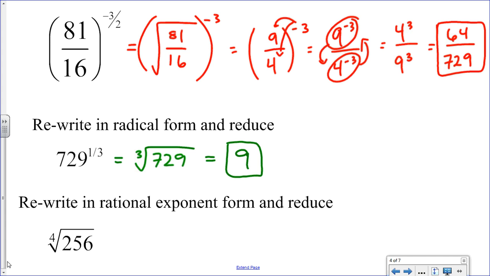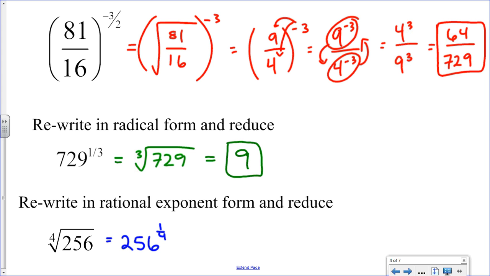Okay, the fourth root of 256, so it wants us to write it in exponent form. So that's 256, and then what's the exponent? 1/4. So you can type it in your calculator either way.